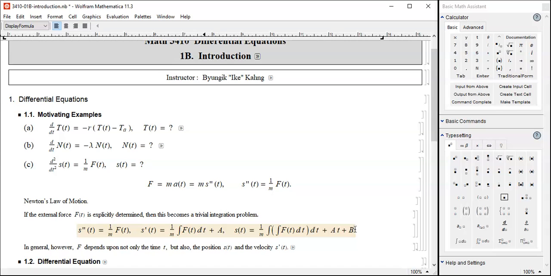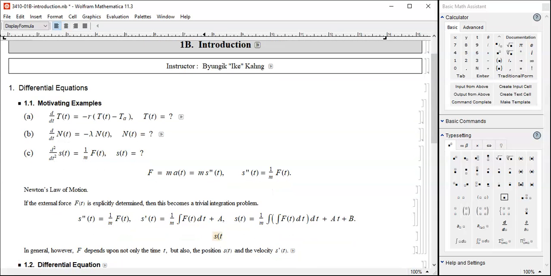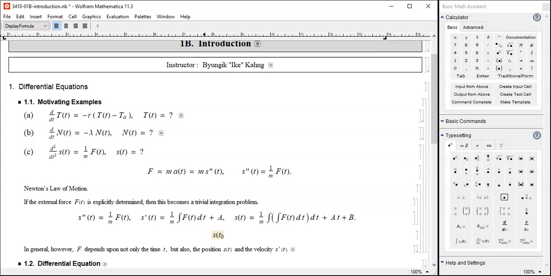Each time I take the antiderivative, we have an integral constant. First, we got capital A. Next integration, I got capital B. So we have two constants to determine. In order to determine two unknowns, we need two equations. So two equations, we can get those from initial conditions, S of t0 equals something, and S prime of t0, initial time, that's something.